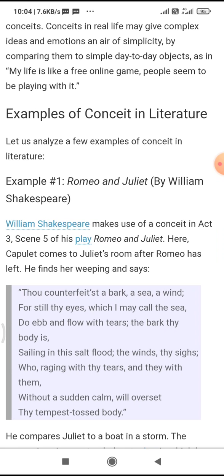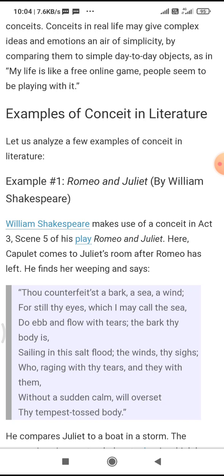In day to day life, generally we use such comparisons, though they are very strange, sometimes with our emotions and sometimes with our life events. As the example shows, my life is like a free online game which can be accessed or played by anyone, and people seem to be playing with it.